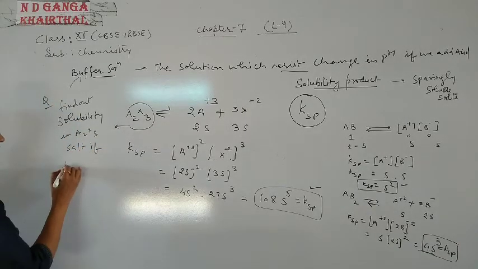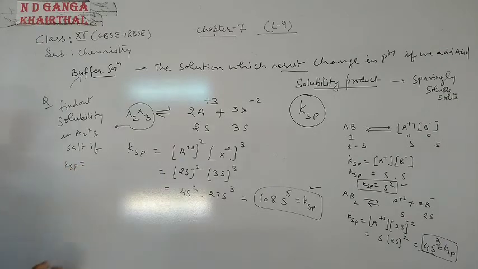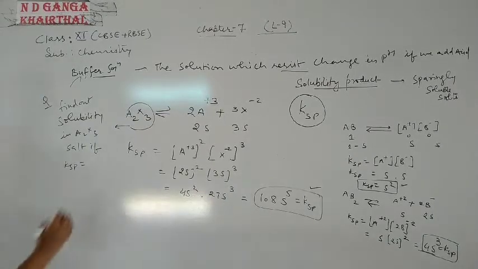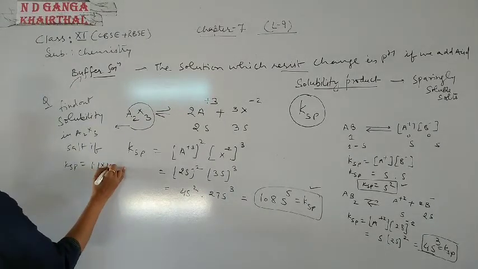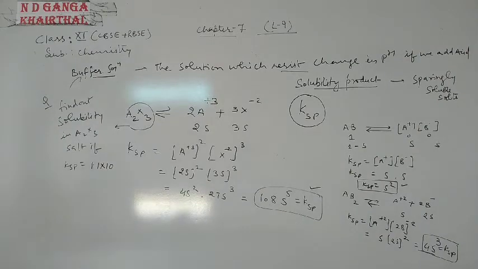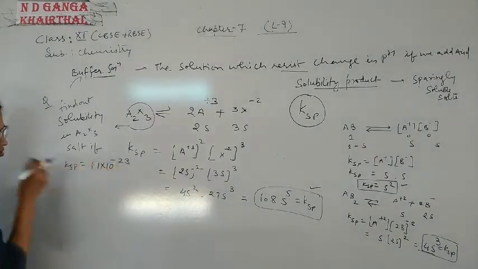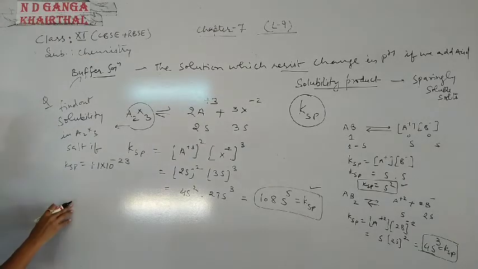If Ksp is given as 1.1 into 10 raised to power -23, how will you solve the question?